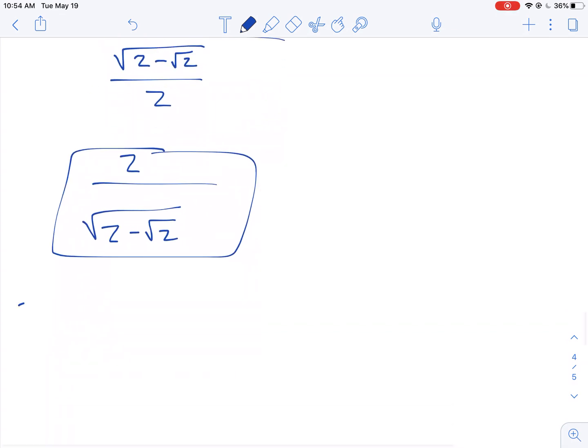I'll actually jump back and also do number 25 for you guys. We're looking here. We've got the secant of 15 pi over 8.